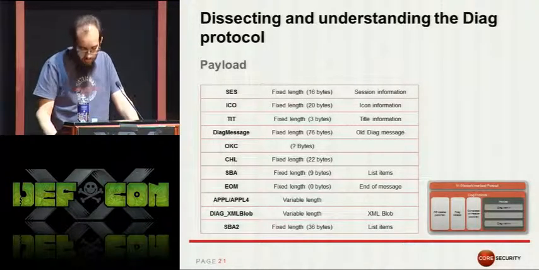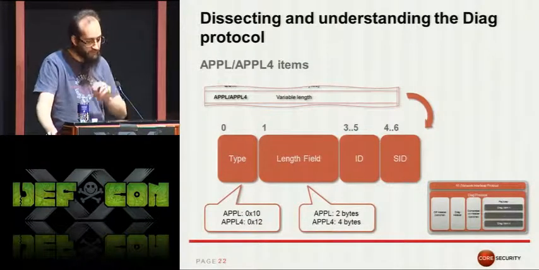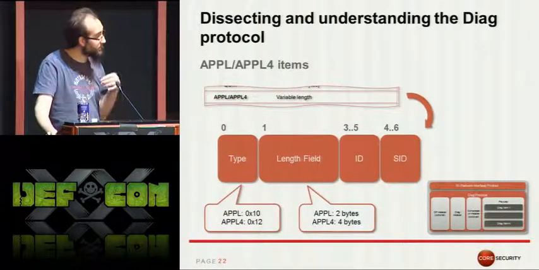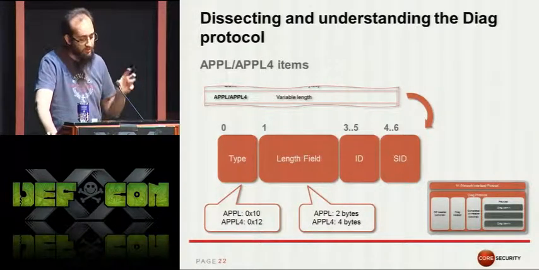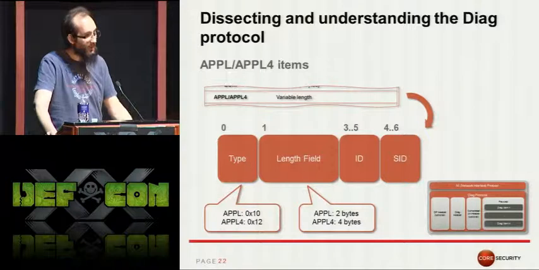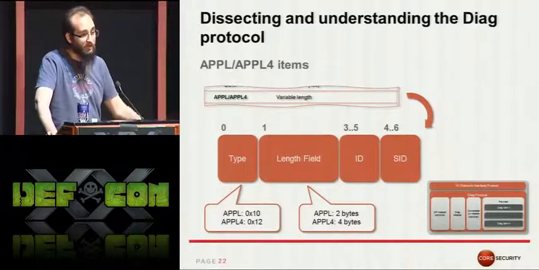And we will be focusing on one of these items, which is the APPL or APPL4 item, which carries the most relevant information. Each one of these items also has its own header.